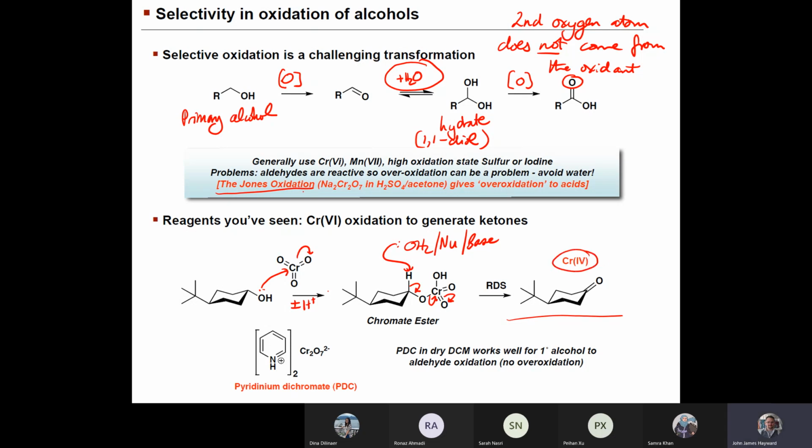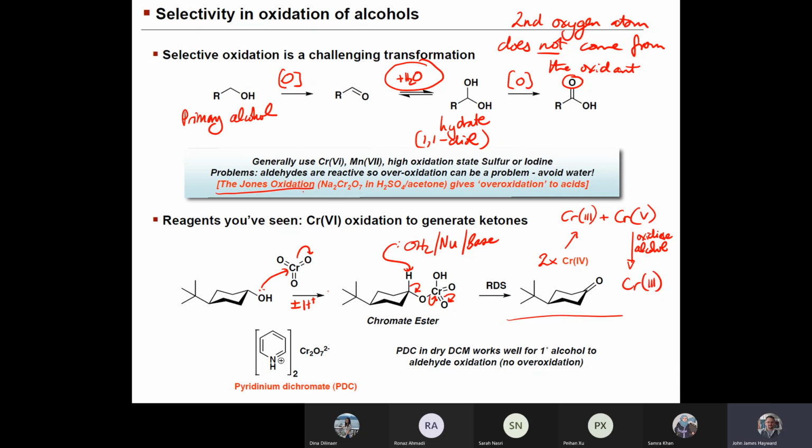Now, chromium 4 is actually not very stable, and so what you get happening is a disproportionation reaction, whereby 2 times chromium 4 gives chromium 3 and chromium 5. And chromium 5 can oxidize another alcohol to give chromium 3.